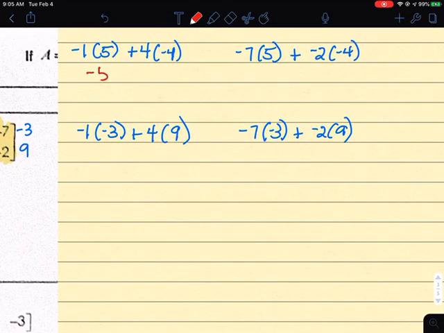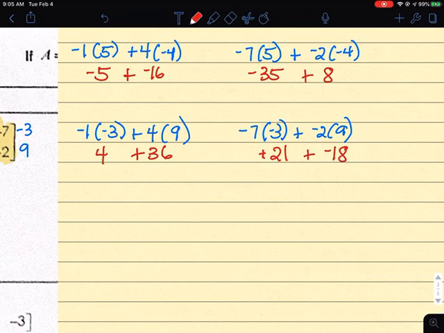So this gives me -5 plus -16. This is -35 plus 8. 4 plus 36. That's positive 21 plus a -18.